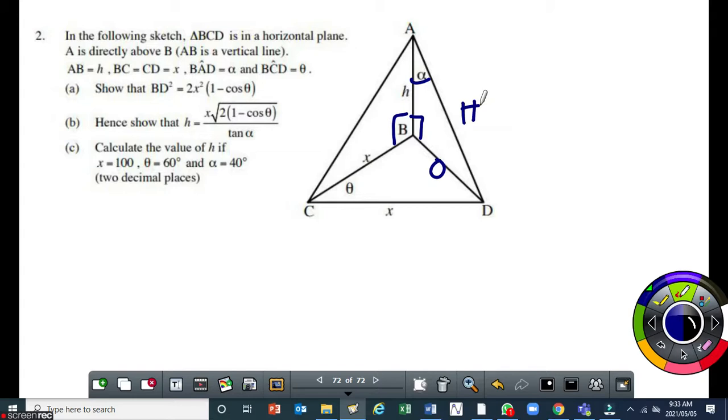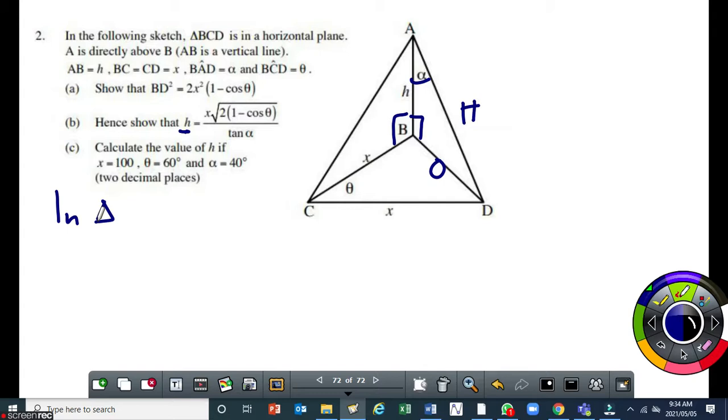And obviously AB is going to be the adjacent side. And AB is equal to H, that's where this H comes in. The H is going to be an adjacent side. So in triangle, let me make a decision here. I might need to use ABC.